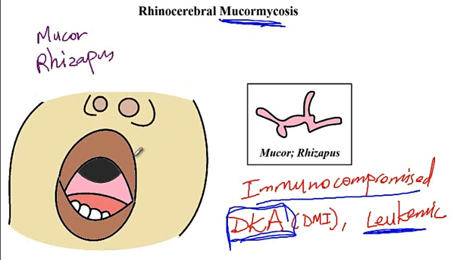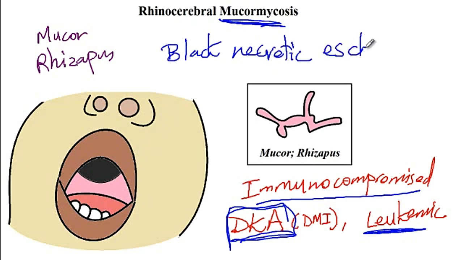Now, as for the clinical features, it's important for you to know that these patients present with black, necrotic eschar, in addition to diplopia due to the cavernous sinus thrombosis and the involvement of the extraocular muscles. So here is an example of the black necrotic eschar that you see in patients that have mucormycosis.